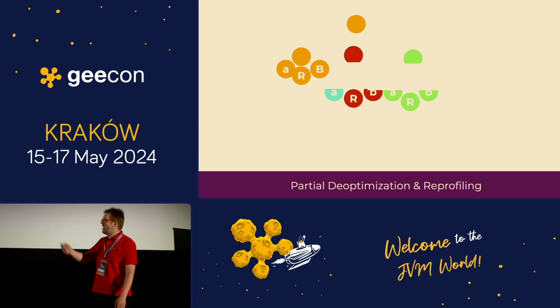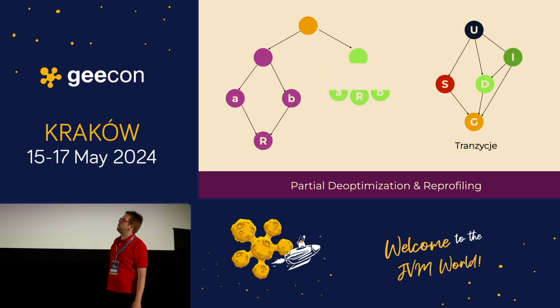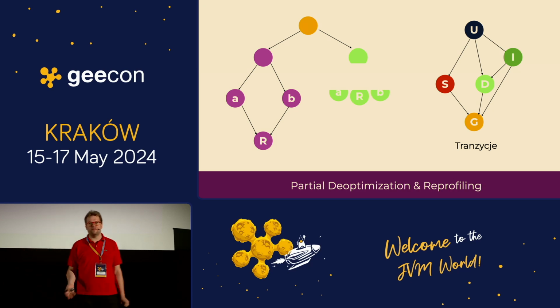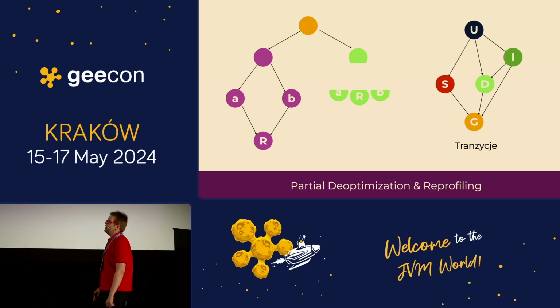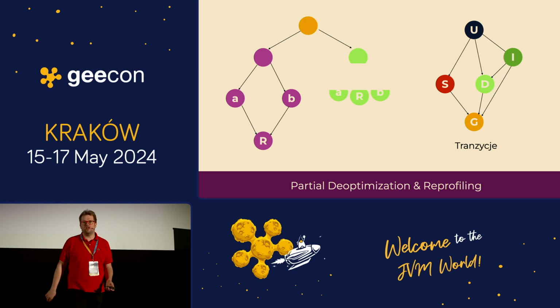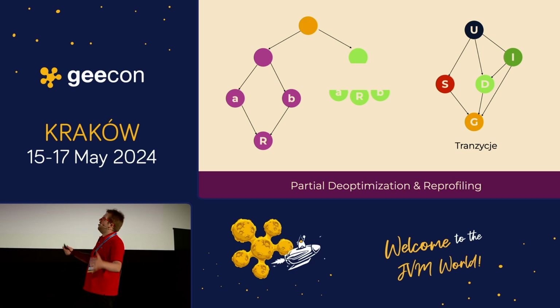In a situation like that, we need to deoptimize. Fortunately, the Truffle language interpreter is prepared for that, and it deoptimizes only that one branch and that one use of the method. All other parts of the optimized engine, the optimized tree, are still there.